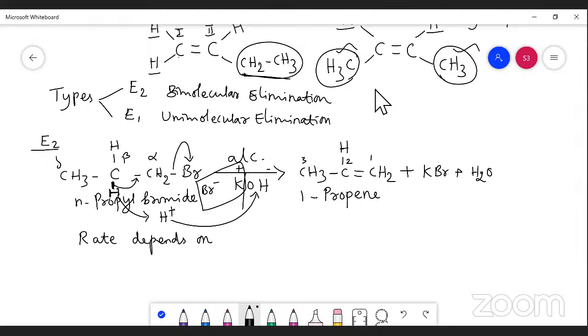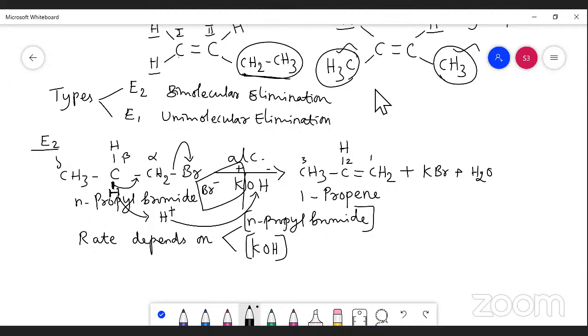So in this reaction, the rate depends upon the concentration of the two reactants, N-propyl bromide and potassium hydroxide. The rate depends upon concentration, so I will use the square bracket. This represents concentration.